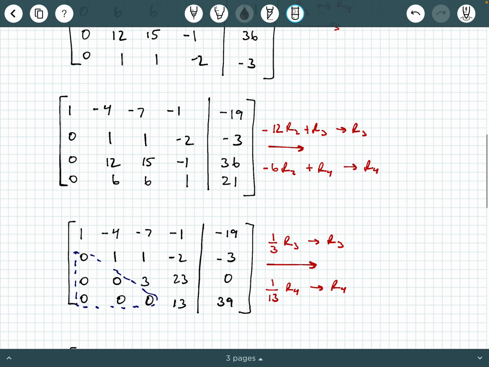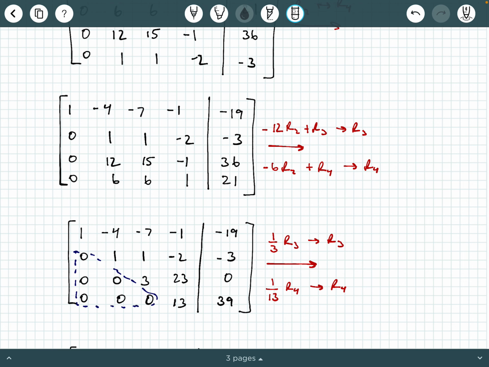So, you know, let's see. Going back to maybe this step here. See if you can find it with me. This is just like if we were live in class. So negative 12 R2 plus R3, that knocks that out.